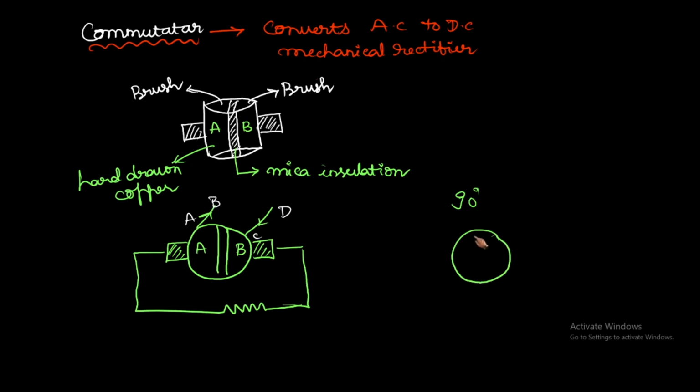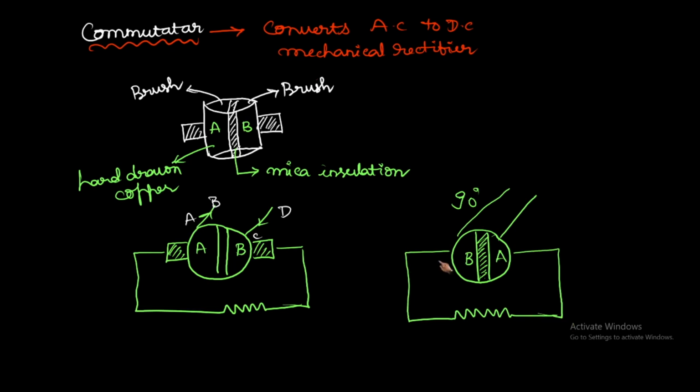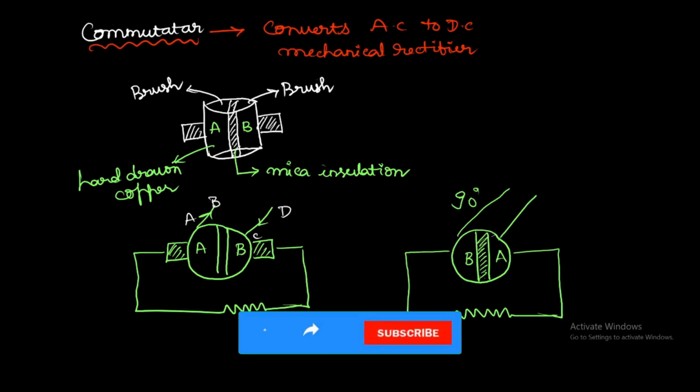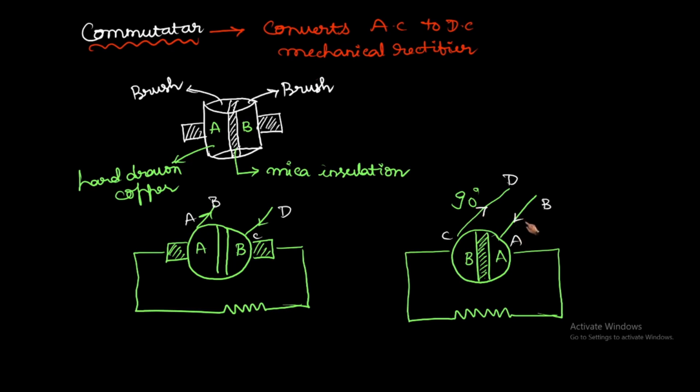The commutator segment positions also change: B comes here and A comes here, and the conductors are like this. CD comes here and AB comes here. So once again the current is going like this and coming like this.